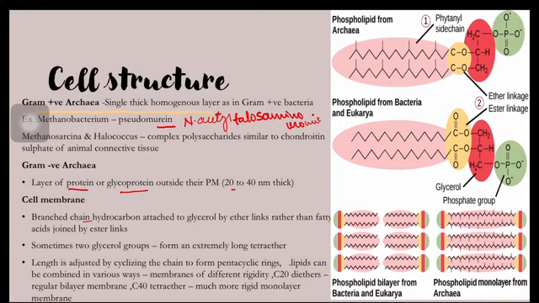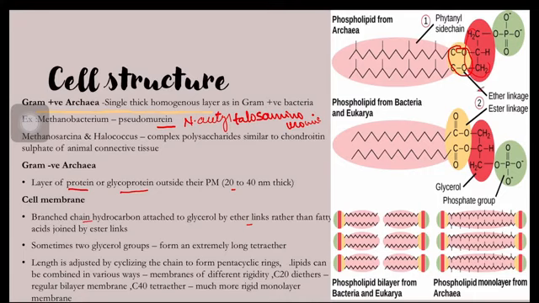These branched chain hydrocarbons are attached to the glycerol by means of ether linkages rather than fatty acids joined by ester linkages. In the picture, this is the ether linkage, this is the glycerol moiety. The branched chain hydrocarbons are attached to this glycerol moiety by means of ether linkages.